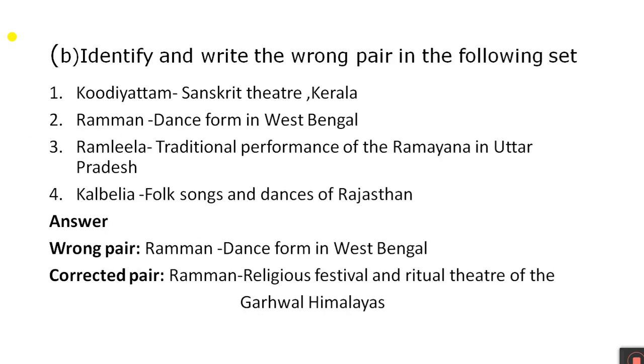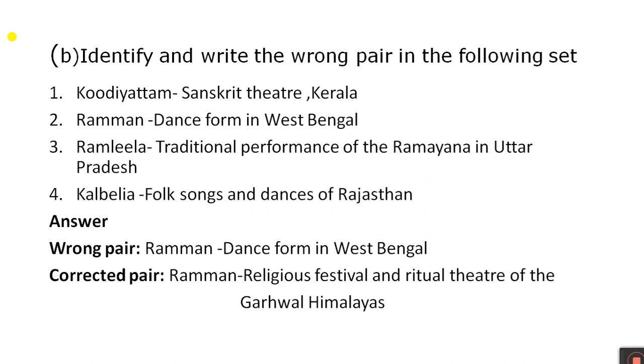B. Identify and write the wrong pair in the following set. First pair. Kudiyatam, Sanskrit Theatre, Kerala. Second one. Raman, dance form in West Bengal. Third pair. Ram Leela, traditional performance of the Ramayana in Uttar Pradesh.